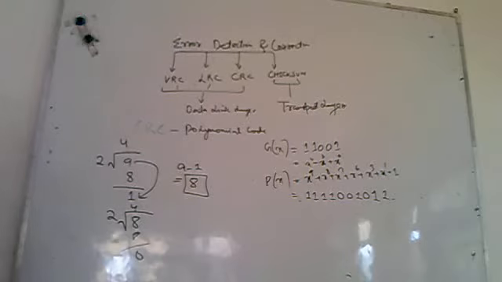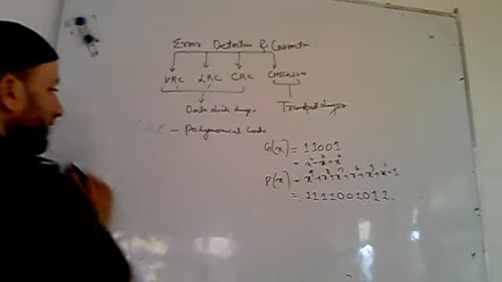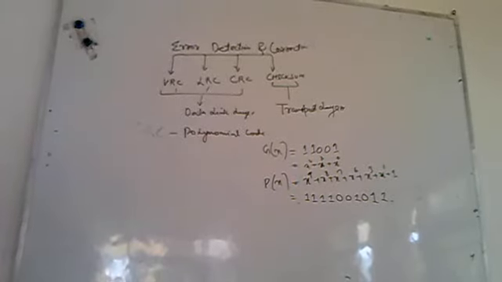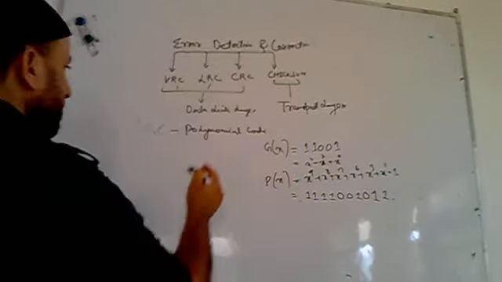Are you getting me? So now let us start dividing. It is simple division, what we do in binary, but addition and subtraction are done by modulo 2 arithmetic. That means XOR. Let us start doing it. So what is the first step?